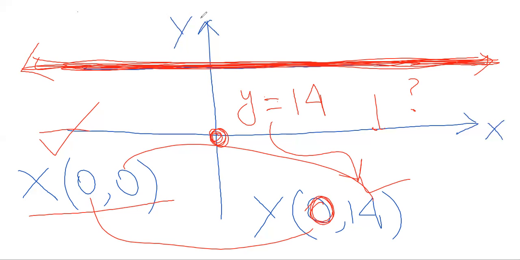So we have drawn a coordinate plane and we are putting the values: x is 0, 0, and every time x is 0 but y is 14. In this way we can get this road. I hope that you understood this one.